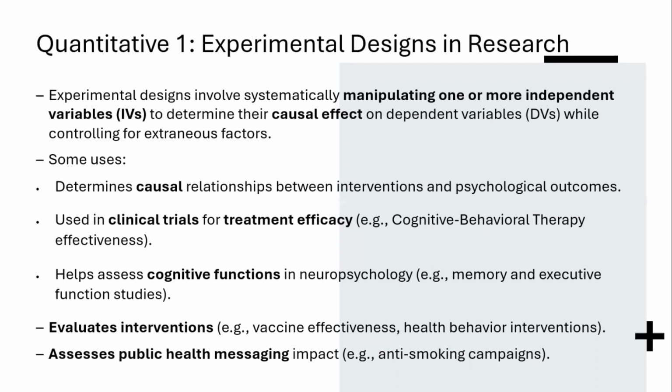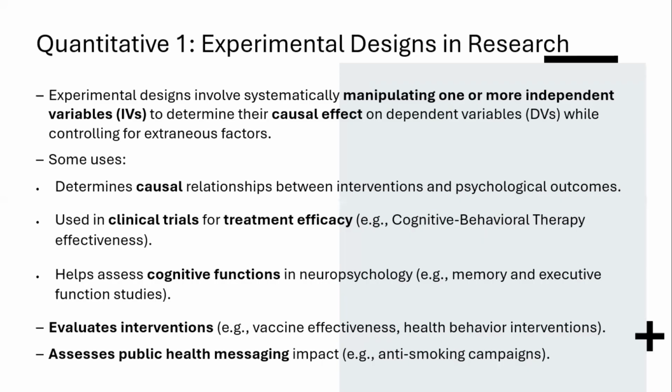During the COVID time, you know that different COVID drugs were developed, okay? And WHO was monitoring experiments of these drugs to find out which ones are effective, which ones are not, which ones we should use. And so that's an example of an experiment trying to determine which interventions work best for which particular outcome. It can also be used in clinical trials for treatment efficacy.